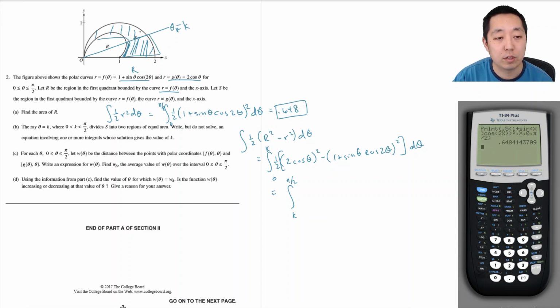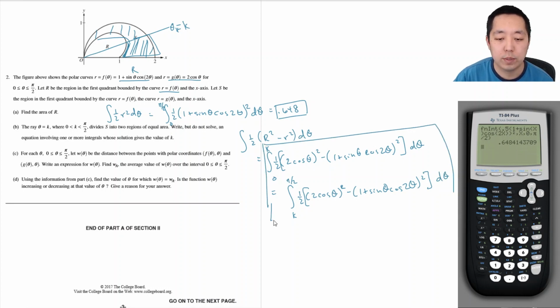The second integral goes from k all the way to pi over 2. So this is my setup right here. Kind of a big, long, messy one, but that's it.